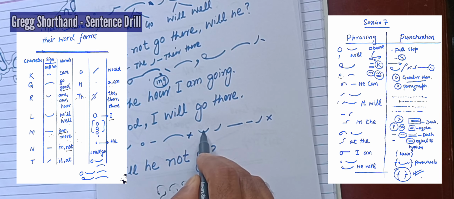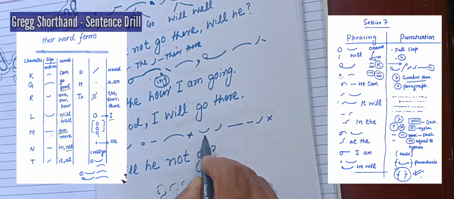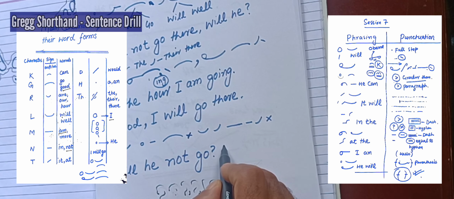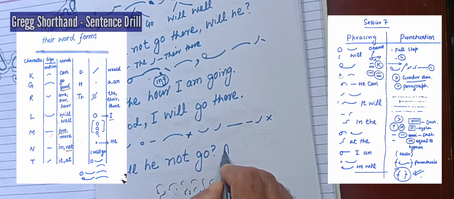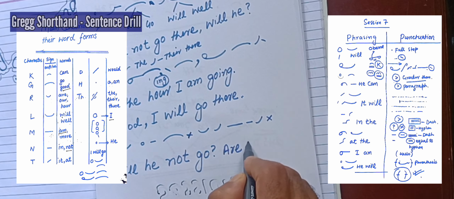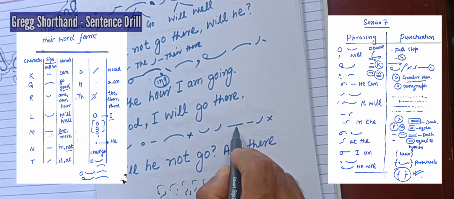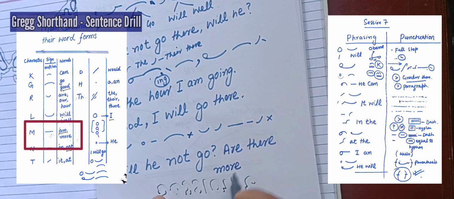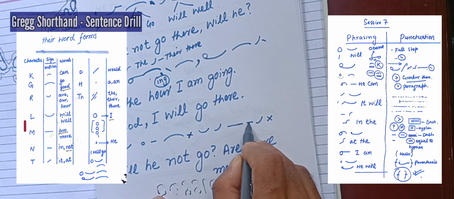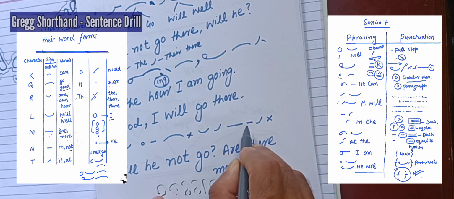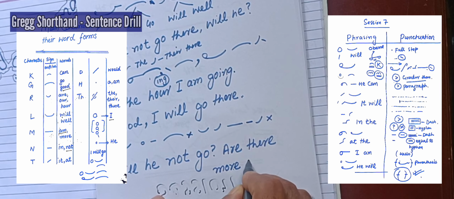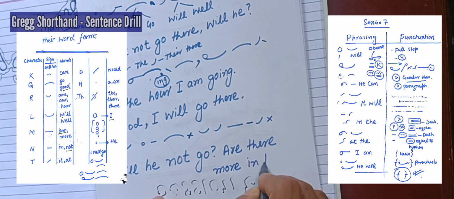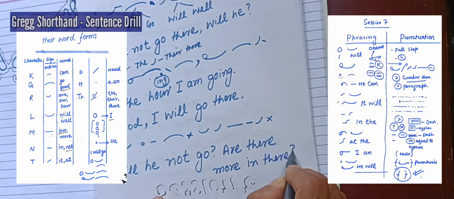This is either are, our, or our. Are. What is this? There. What is this M? More, if you remember from previous session. Are there more? Then what is this? Either not or in. Are there more in? What is this? There. Then again question mark.